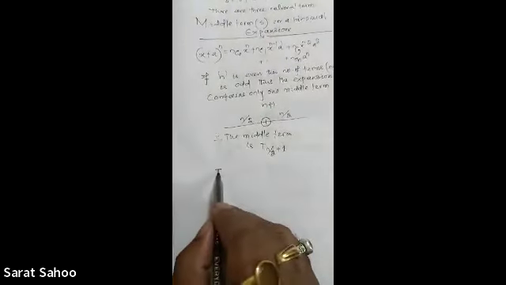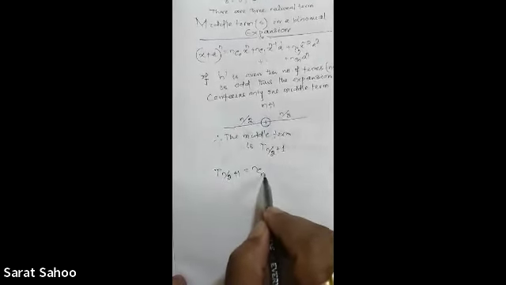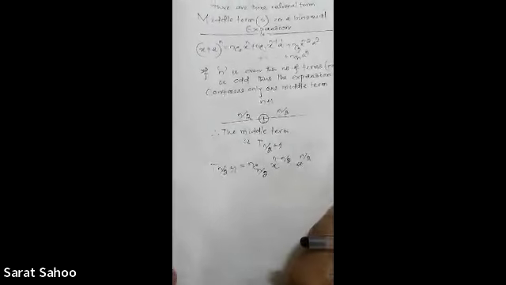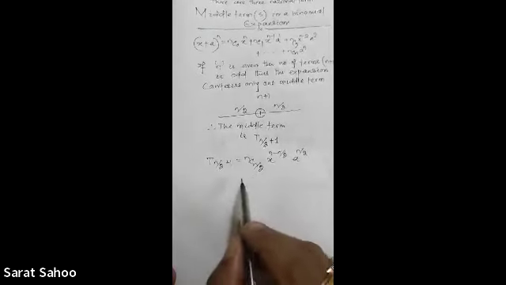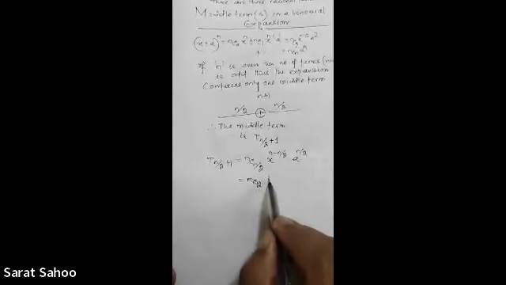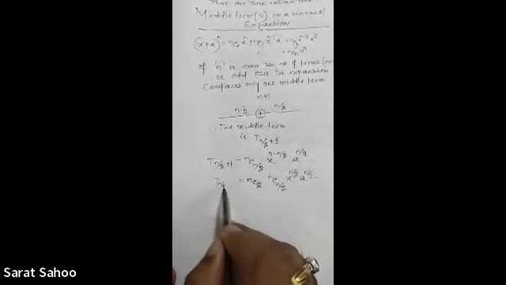T_{r+1} is equal to nCr x^(n minus r) a^r, so this is equal to nC(n/2) x^(n/2) a^(n/2).